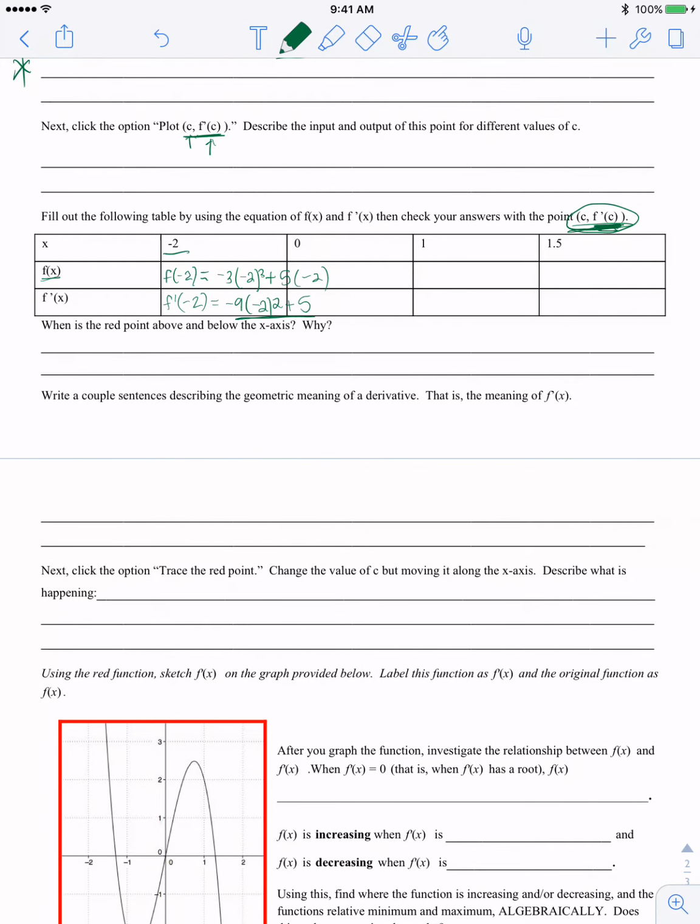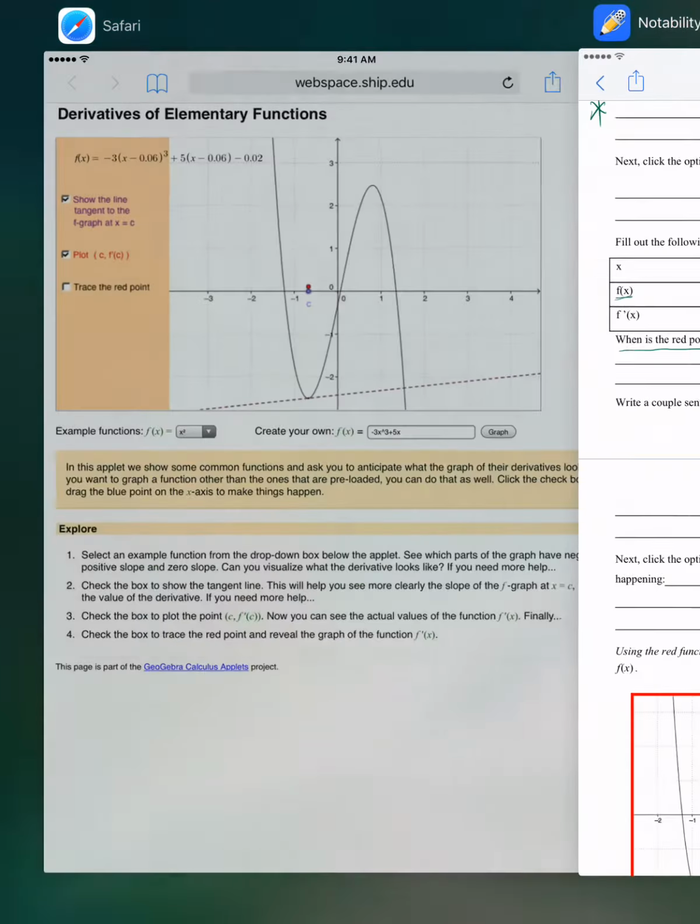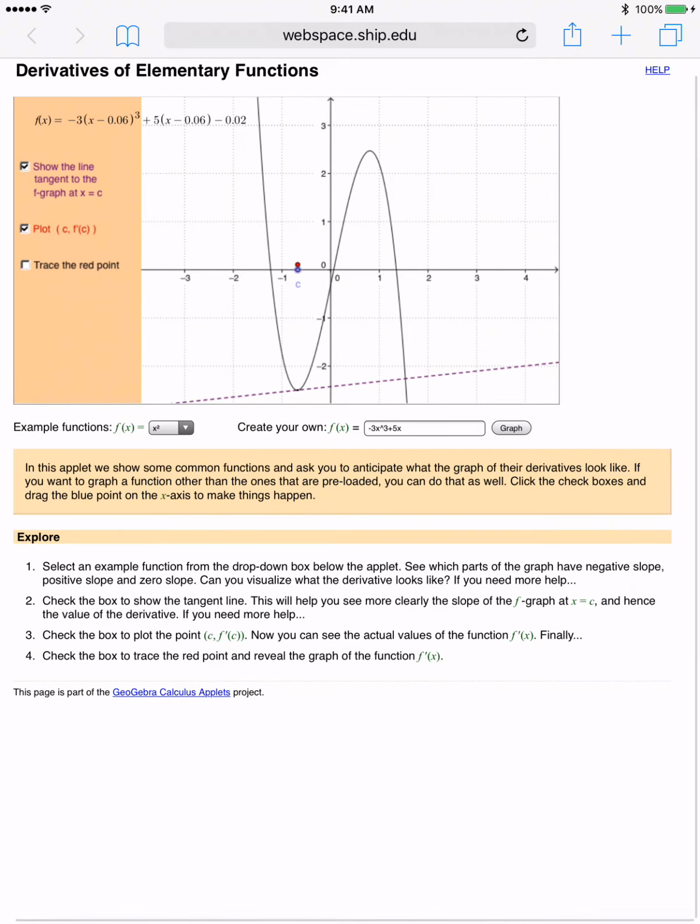The next thing that you'll do is look to see when the red dot is above and below the x-axis. Why is that? So we'll go back to our function and see where that red dot is. Oh, it's below the x-axis now.